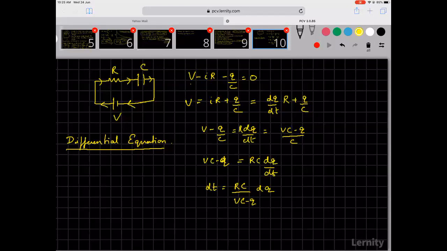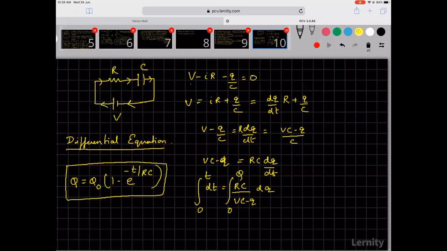So now I'm going to integrate both sides. This is from 0 to t, this is from 0 to q. So now when you integrate this, you will get q is equal to q0 into (1 minus e power minus t by RC). So this is what we had done yesterday.